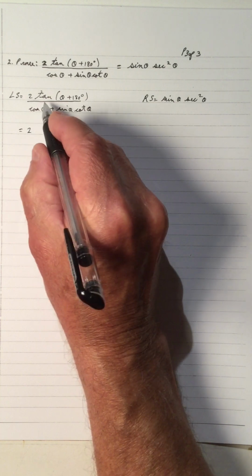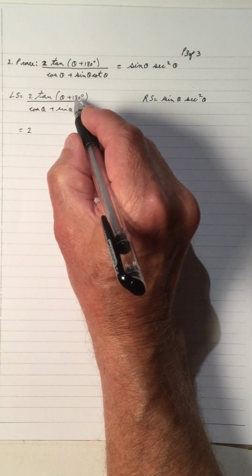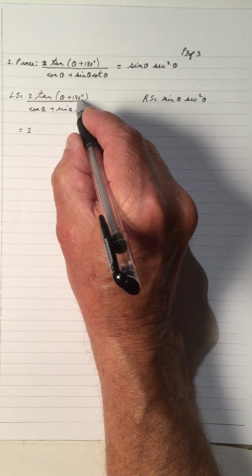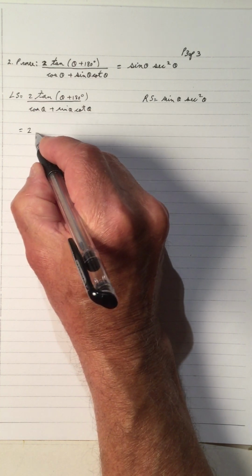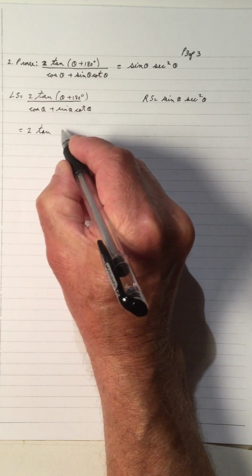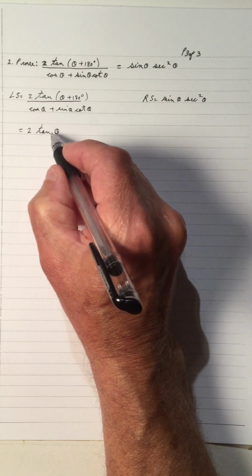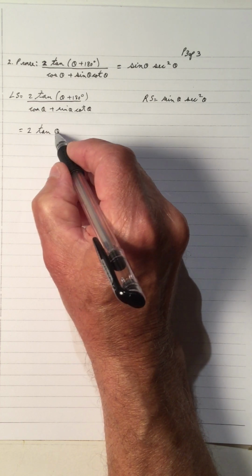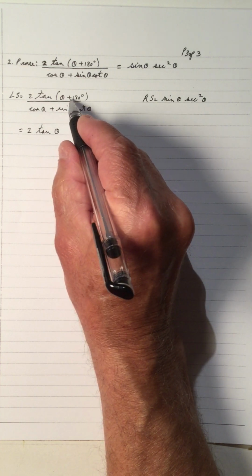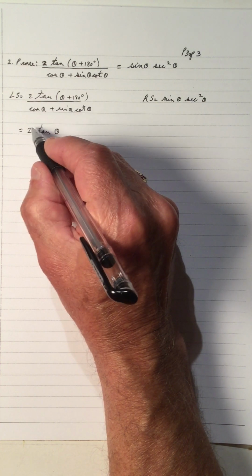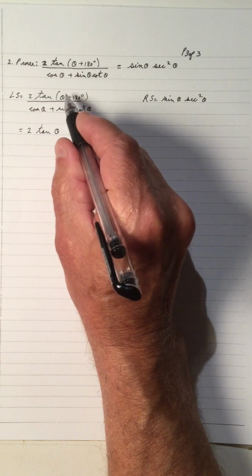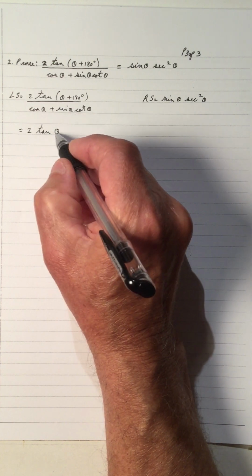The tan of theta plus 180, when you add or subtract 180, the trig function doesn't change. In terms of theta, if it's in the first quadrant, tan is positive. If you add on 180, you go to the third quadrant, tan is positive. So the tan of theta plus 180 is the same as the tan of theta.